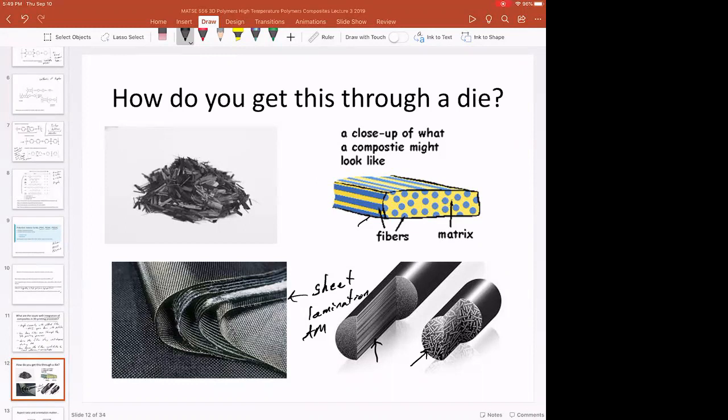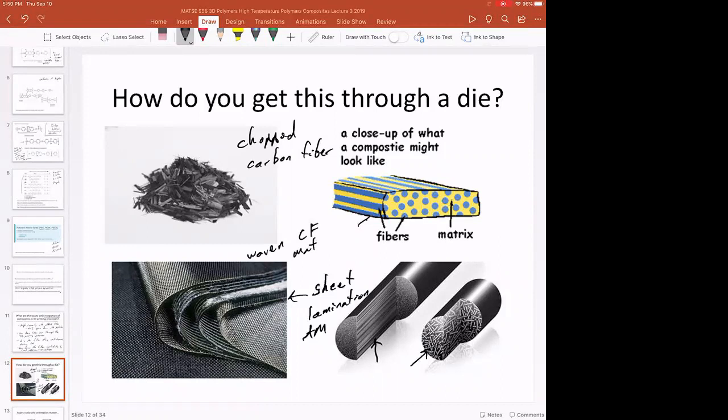So the question is, how do you get this through a die if you want to do AM? So how do you get chopped carbon fiber? So this is chopped carbon fiber. This is woven carbon fiber mat. So this is in a carbon fiber composite.